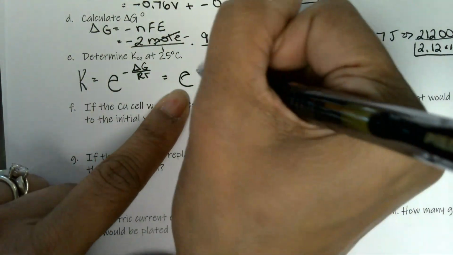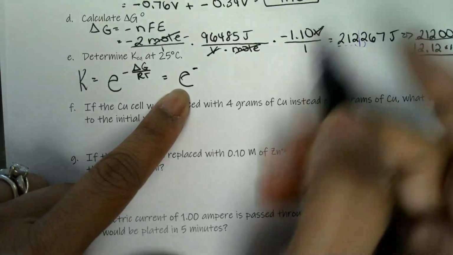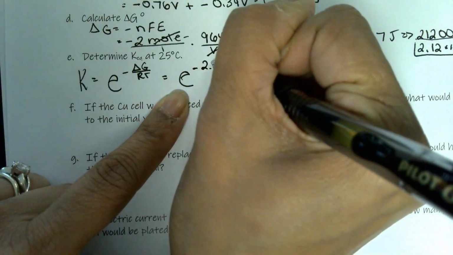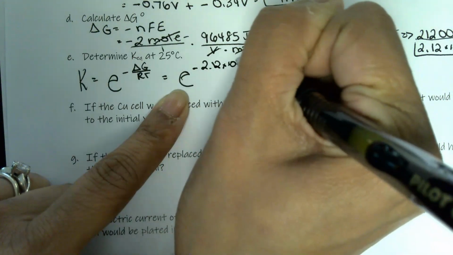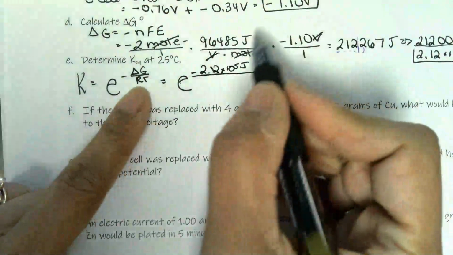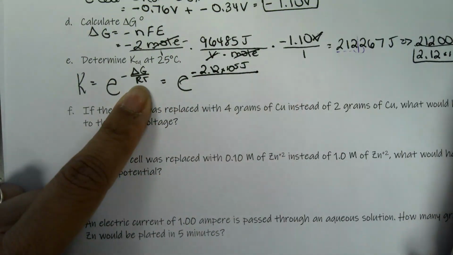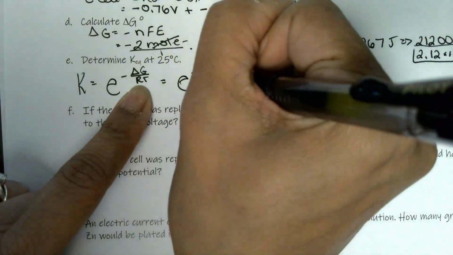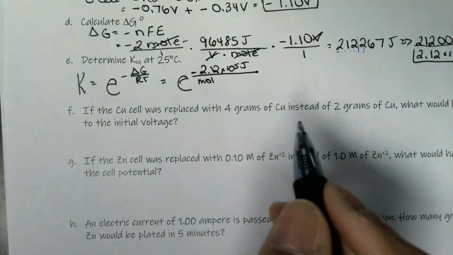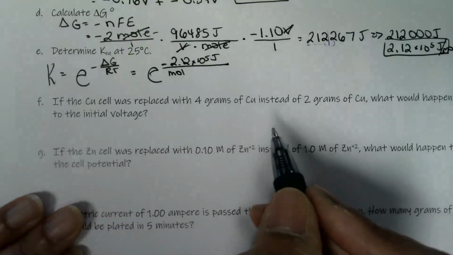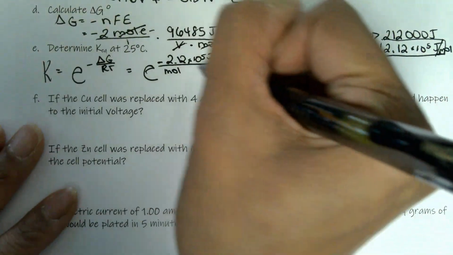So E to the negative 2.12 times 10 to the 5th joules over, and that's joules per mole. I keep forgetting that. Per mole. And it's moles of the substance, not necessarily moles of electrons. So make sure we keep track of that.